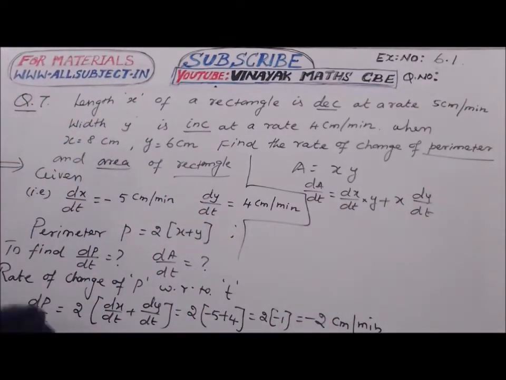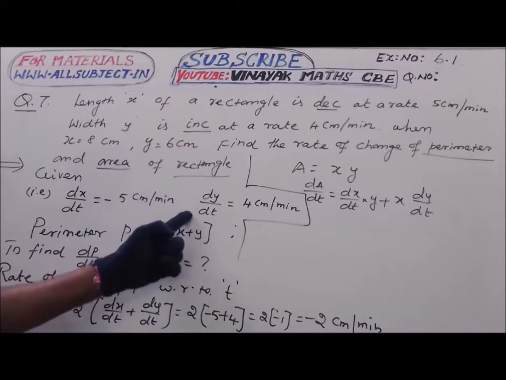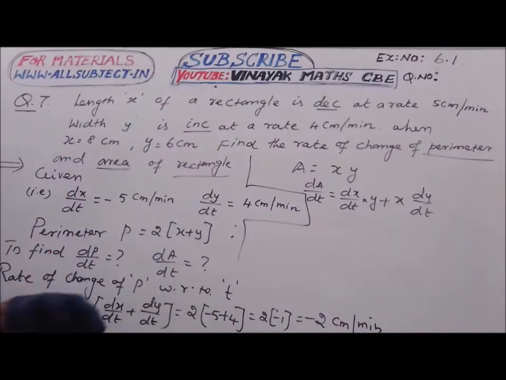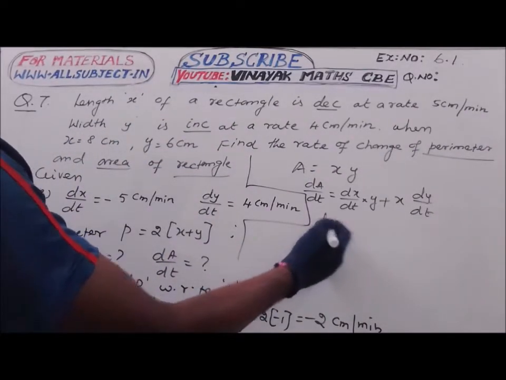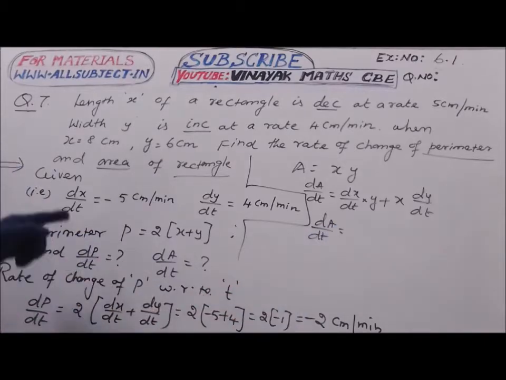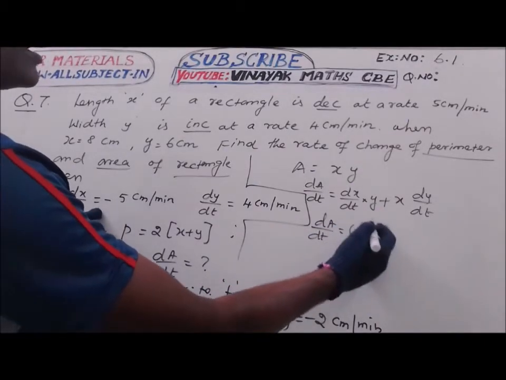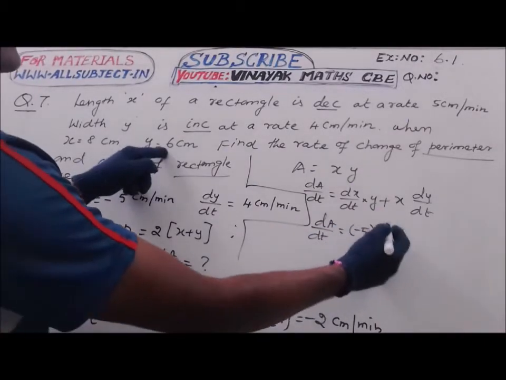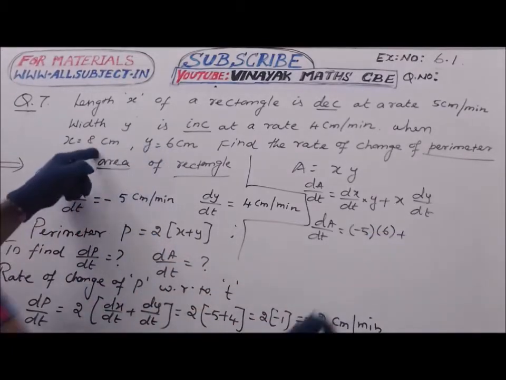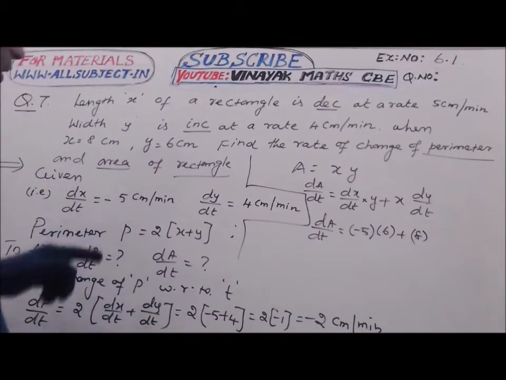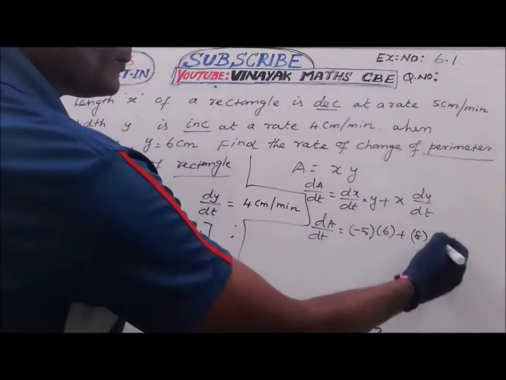Here, substituting the given results dx by dt, dy by dt, and x and y in this, we will get dA by dt. Therefore dA by dt equal to, dx by dt is given as minus 5 and y is 6, plus x is 8 and dy by dt is 4.